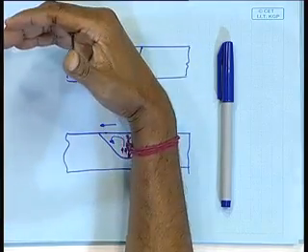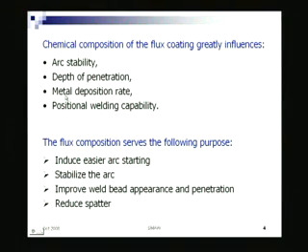Like in a helium environment, some amount of heat, in an argon environment, some other amount of heat will be generated. So that will have an effect on the metal deposition rate, because metal deposition rate is nothing but the melting rate of the electrode which is getting deposited.